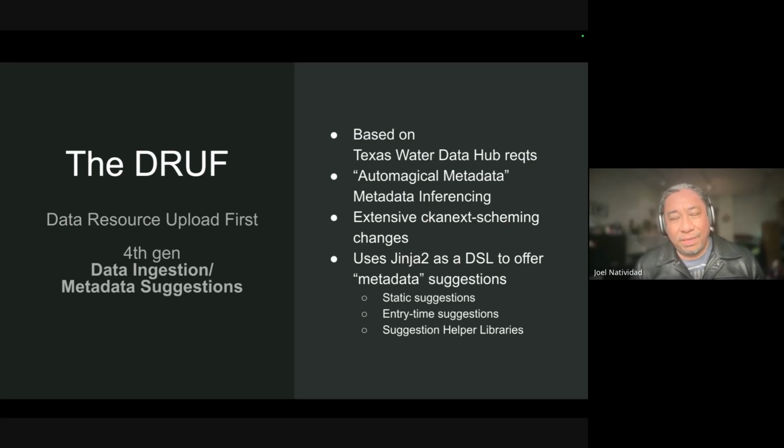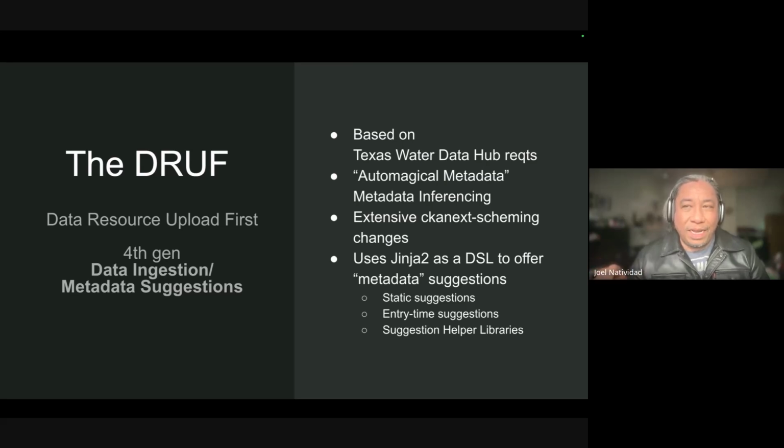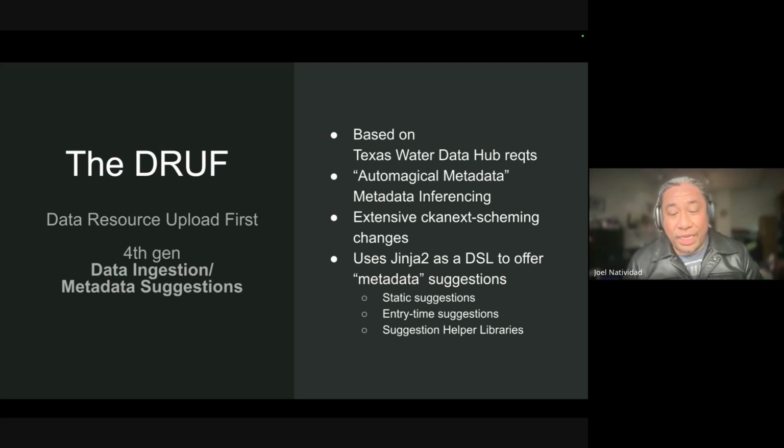Say, in some areas you have lat long, you have the different well-known text formats. So we have actually a helper that you can configure to say these are the latitude longitude columns you should look for. And actually that's a good segue into entry time suggestions.